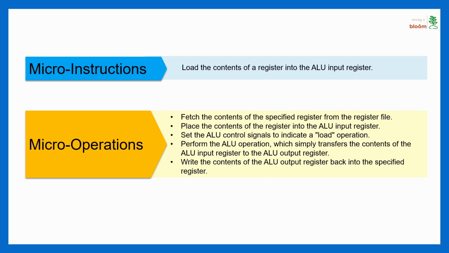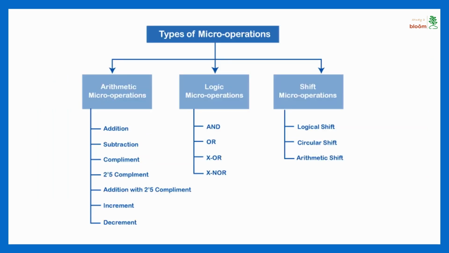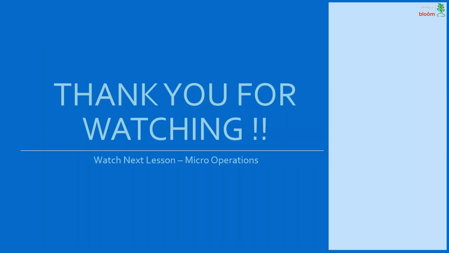All these are micro operation steps. According to the type of operation, micro operations can be categorized into three main areas: arithmetic, logic, and shift micro operations. In our next video, we will be discussing how micro operations are executed.